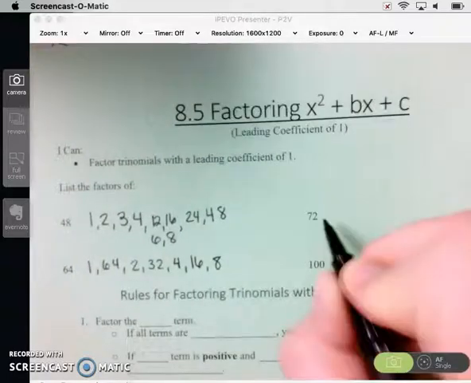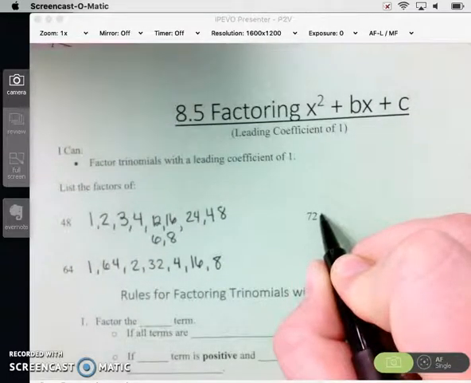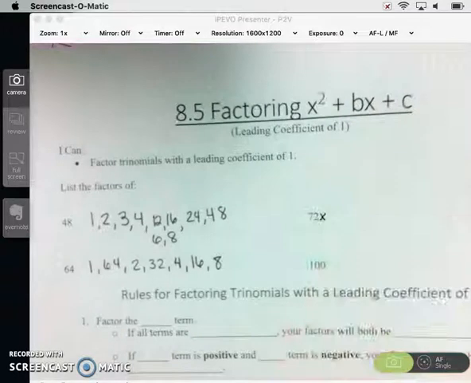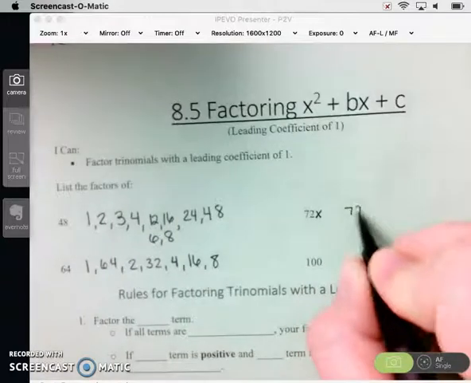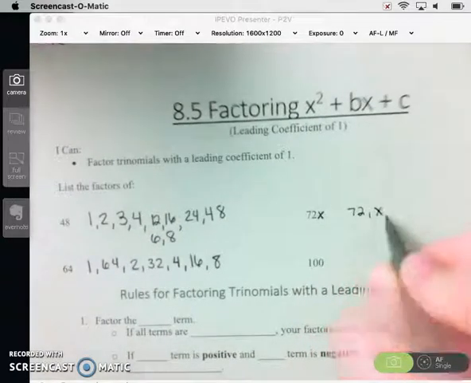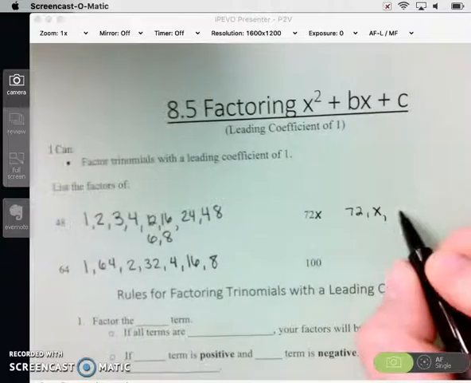What if this was 72x? What are the factors of 72x? 72 and x. Same thing.